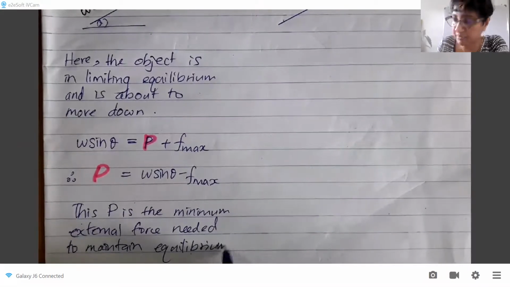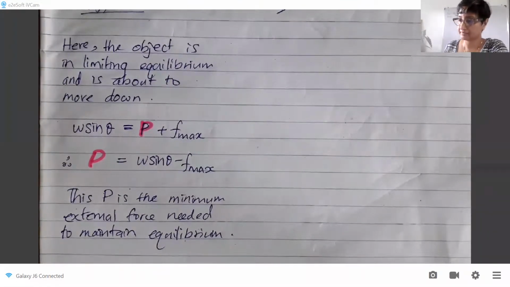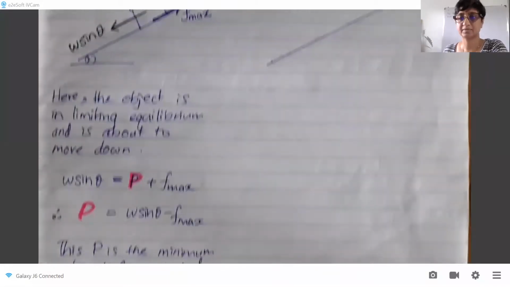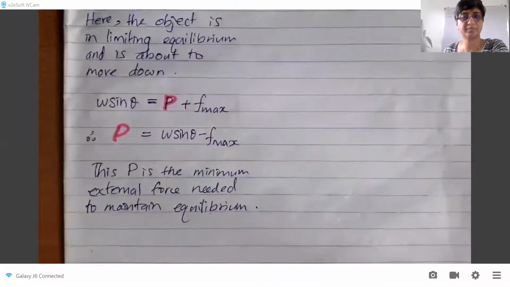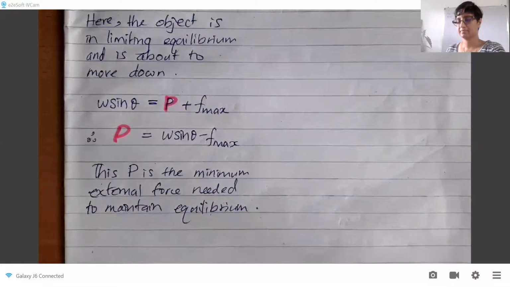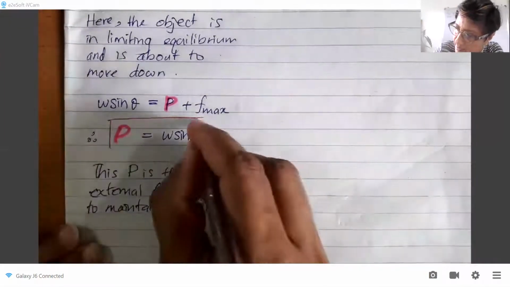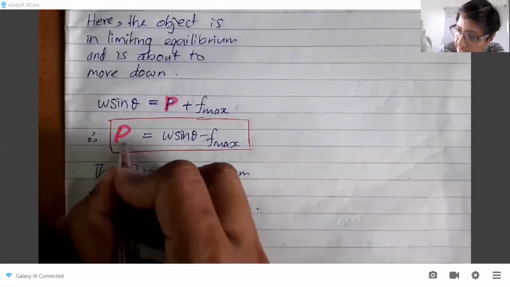And here we mean by equilibrium to keep it at rest. Sorry, I will keep this for you to copy before I go to the other side. So this is P min.